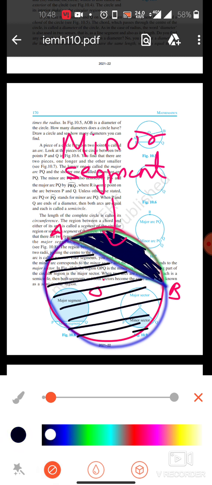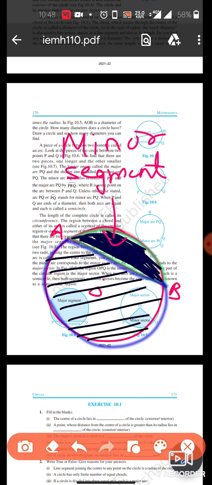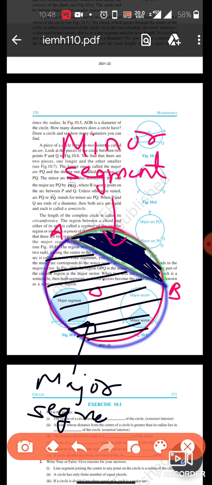Okay, this whole area is your major segment. So what are segments? Segments are the area formed by any arc, either minor arc or major arc, and the chord of a circle. Okay, so this is the segment of a circle.